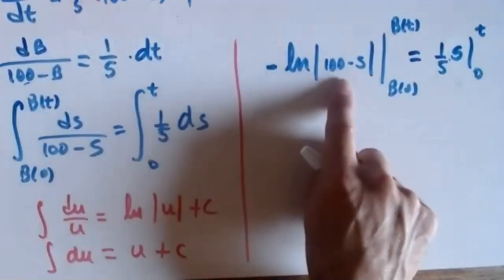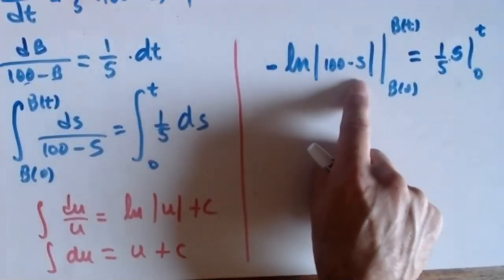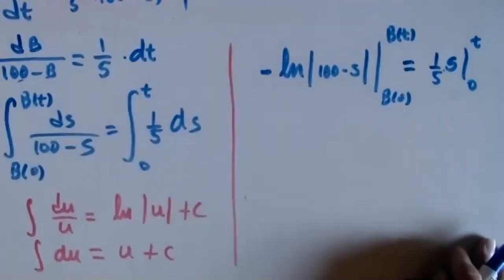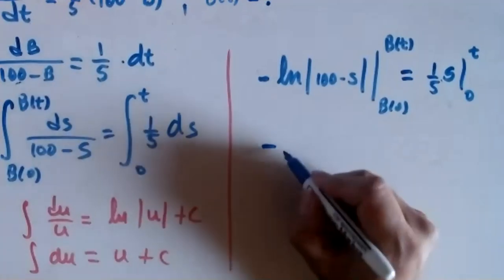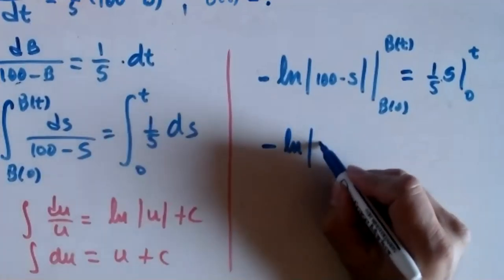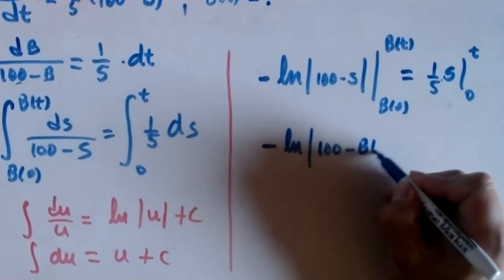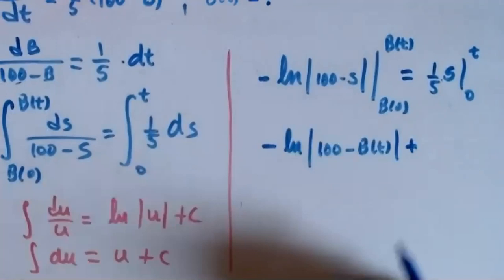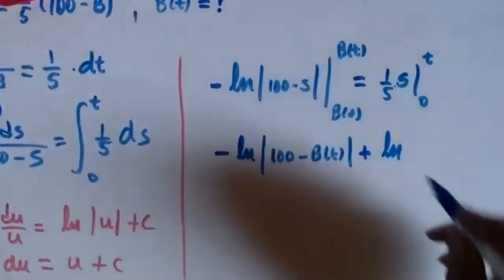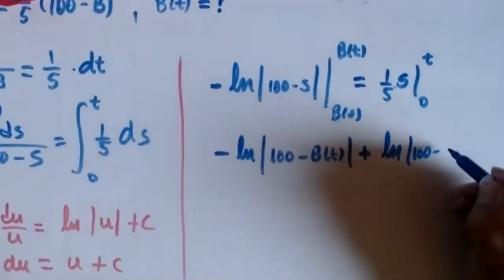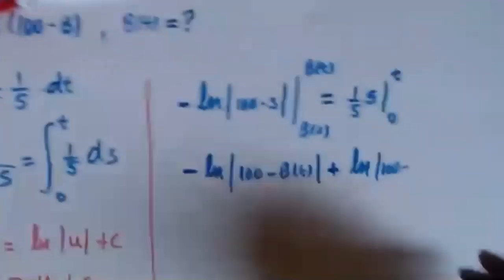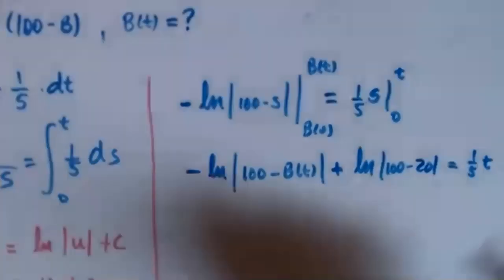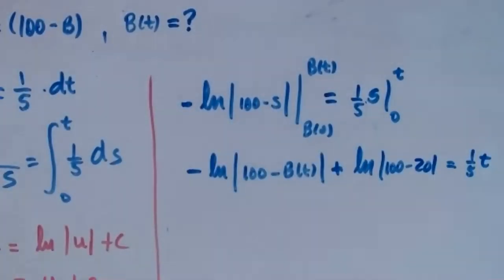Why the negative? Because when you take this derivative, it is 1 over this times the derivative of this, that is negative 1. A negative times a negative is a positive. So you're going to have negative ln of 100 minus b of t, correct? Plus ln of 100 minus b of 0, but b of 0 is 20. So I'm going to put here 20, equals 1/5 of t, correct?